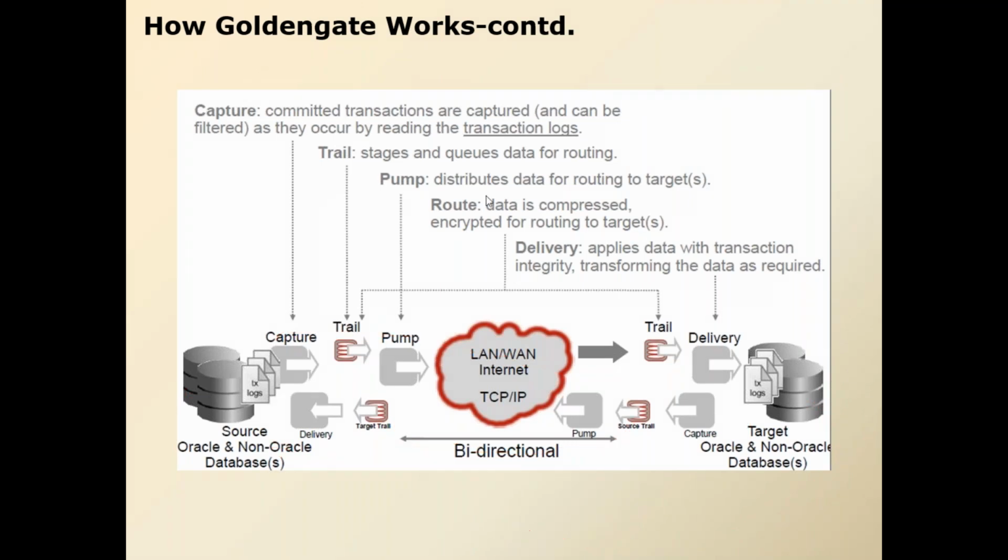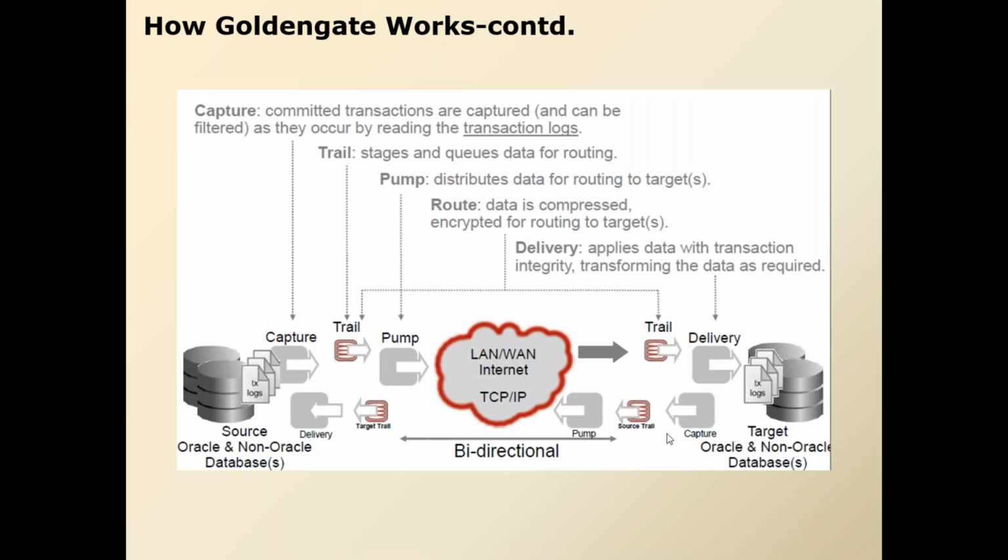Okay. So each process here, this capture process has nothing to do with this delivery. The process data flow is capture process, pump process. The capture process and pump process on site 1 have a corresponding Replicat process on site 2. Similarly, the capture process and pump process configured on site 2 have a corresponding Replicat or delivery process on site 1.